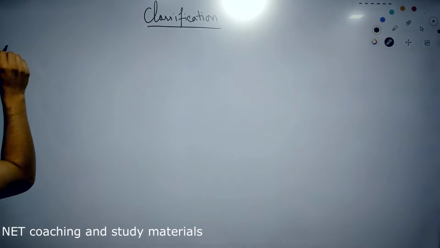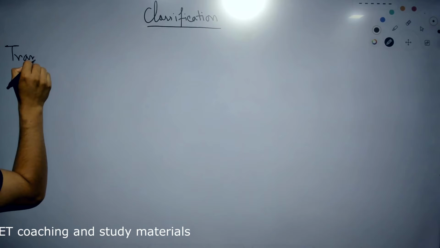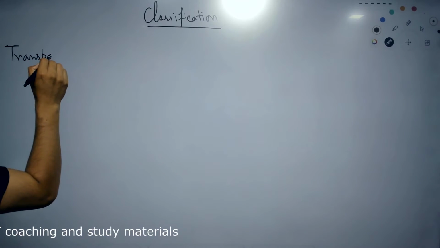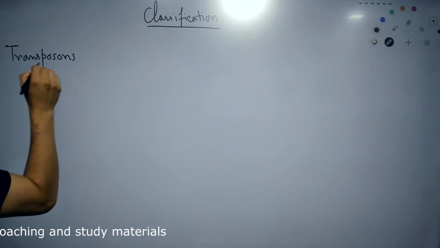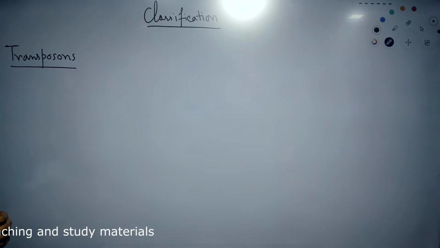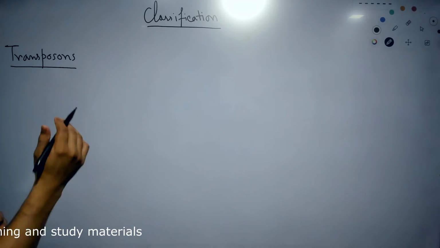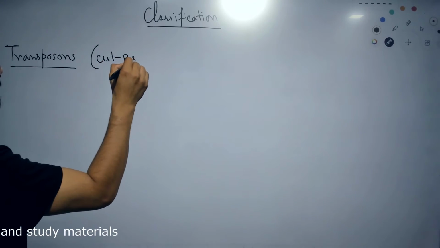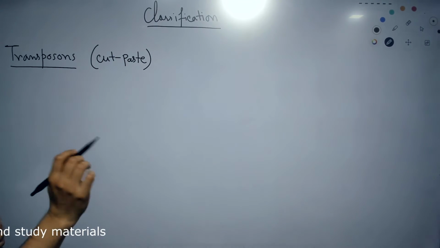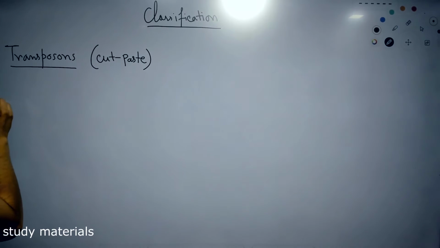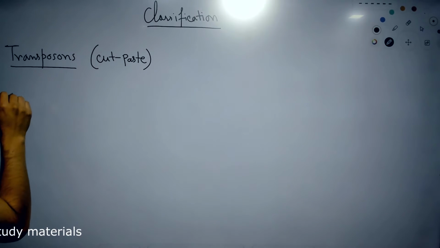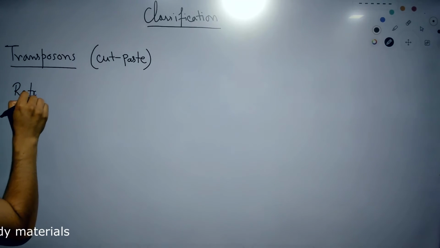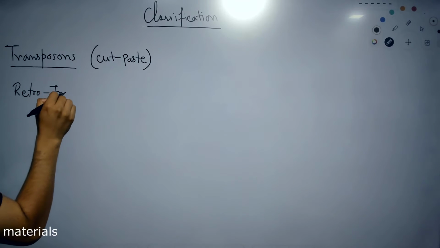We'll start with transposons. When I say transposons, I simply mean the involvement of cut-paste transposition. So this is cut-paste. Cut-paste type transposition is simply known as transposons. Second type, retrotransposons.